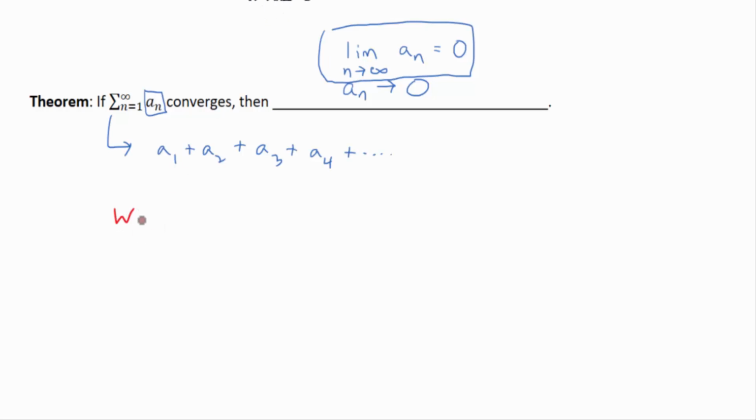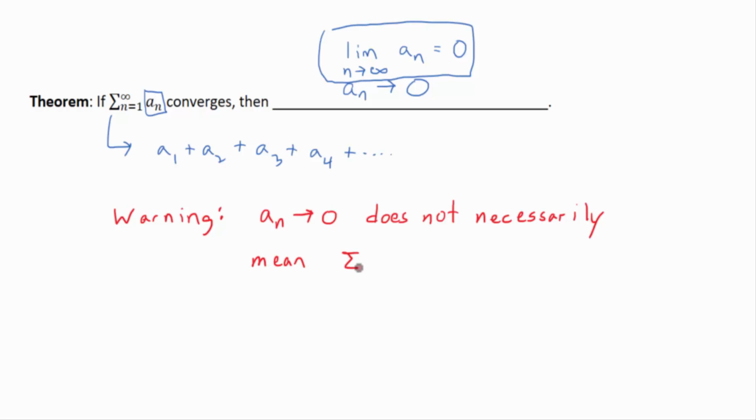Okay, warning. a sub n converging to 0 does not necessarily mean that the related series, the sum from n equals 1 to infinity of a n, converges. It's simply a necessary condition. In order for that series to converge, a n must converge to 0.